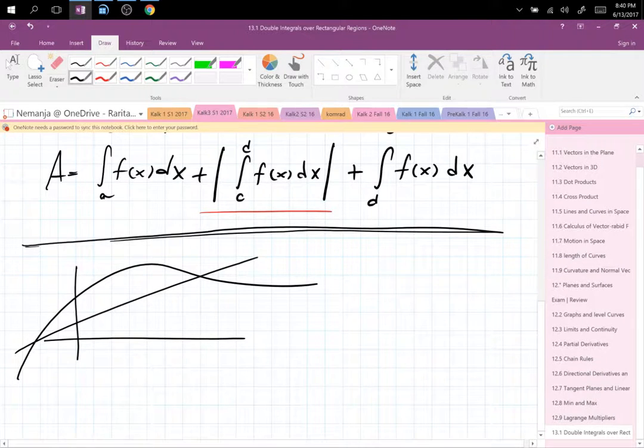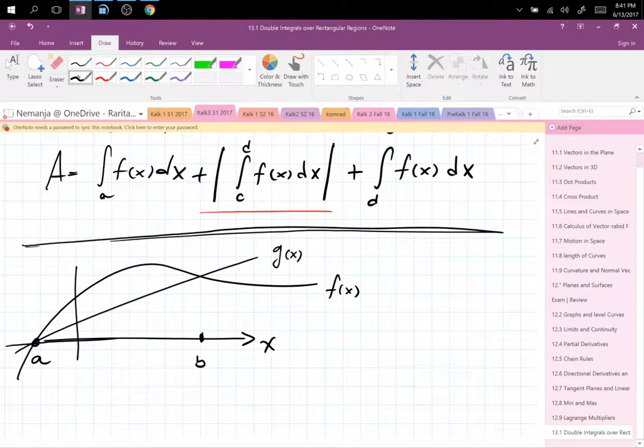So say this is our function that we are considering, and we see that they intersected at A and intersected at B. Say that this function here is f of x, and this one is g of x. I will have my representative dx rectangle, which moves left and right.